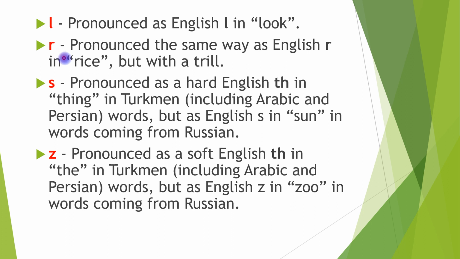Okay, this is the letter R, pronounced the same way as English R in rice, but with a trill. It's important to be able to produce this sound, because some of my students, especially Chinese students, have difficulties pronouncing it. In the Chinese language they just don't have this sound, so that's why they have some difficulties, but it's okay.